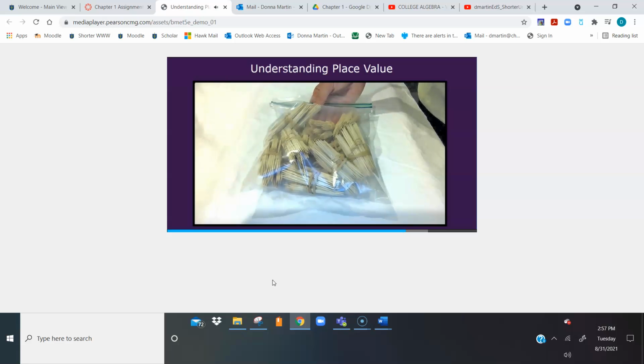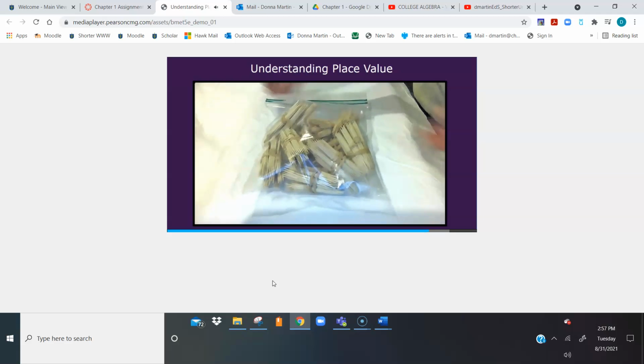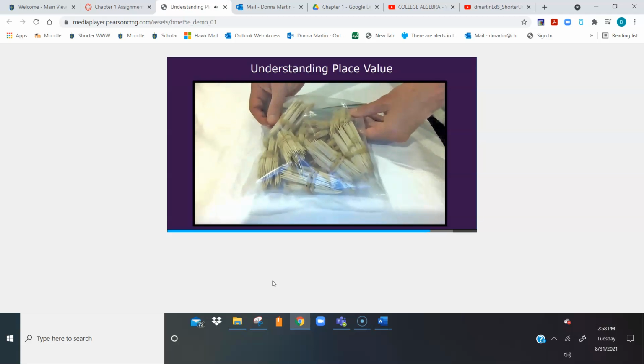One way we could think about 1,000 is the number we get to by counting 1, 2, 3, 4, etc., up to 997, 998, 999, 1,000. But it's also really important to be able to think of 1,000 as 10 bundles of 100, because, again, we need that way of thinking about 1,000 when we regroup, when we add and subtract. So it's really important to see this 1,000 as 10 bundles of 100.